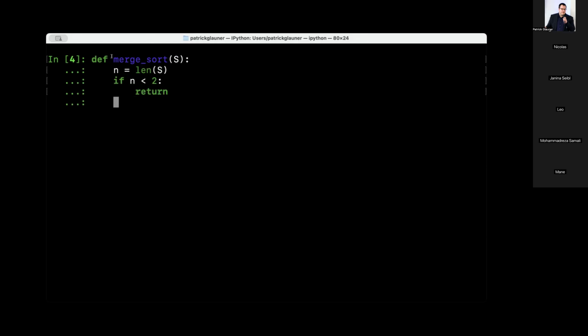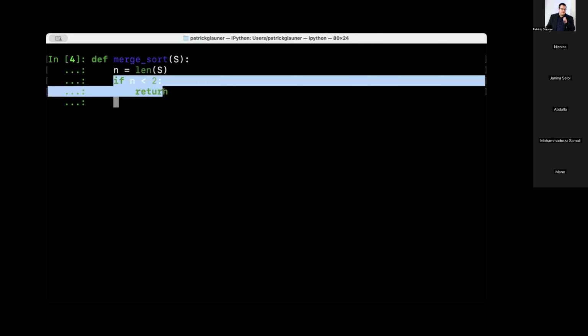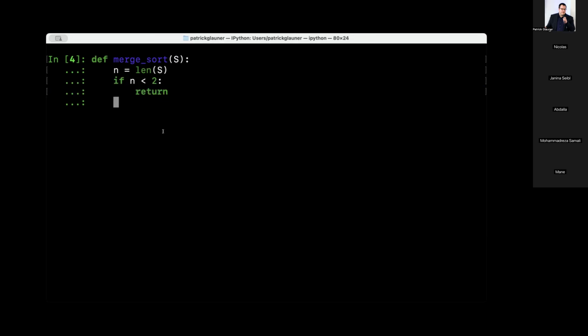So this could be a special case where you're calling merge sort on an empty list, there's nothing to do, or you are calling merge sort on a list with 1 entry, so we're also just returning. Return just means abort, because we're manipulating S, so we're not returning S. But there will be recursion, so this edge case will be needed again when we do these recursive calls.